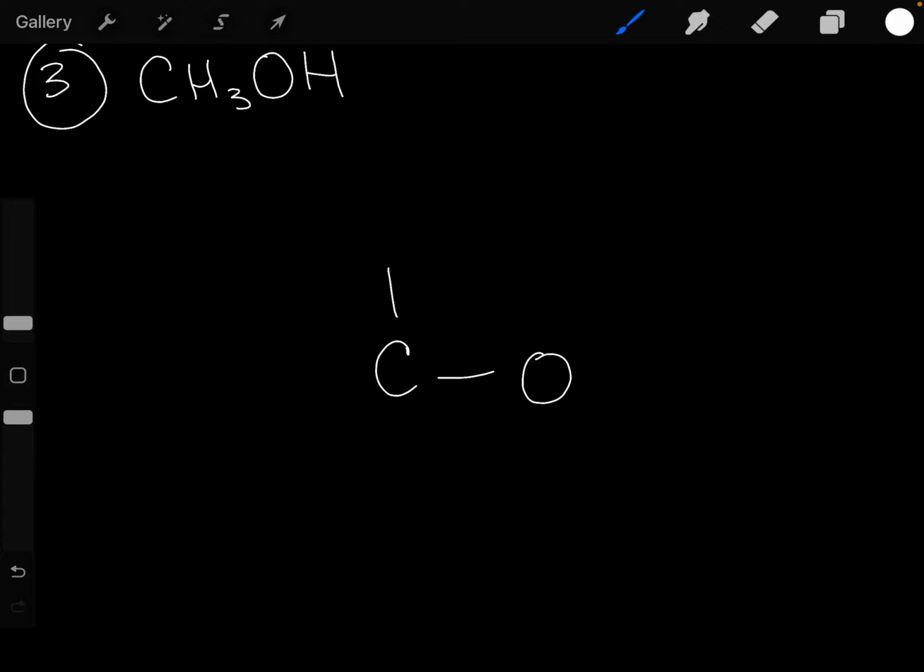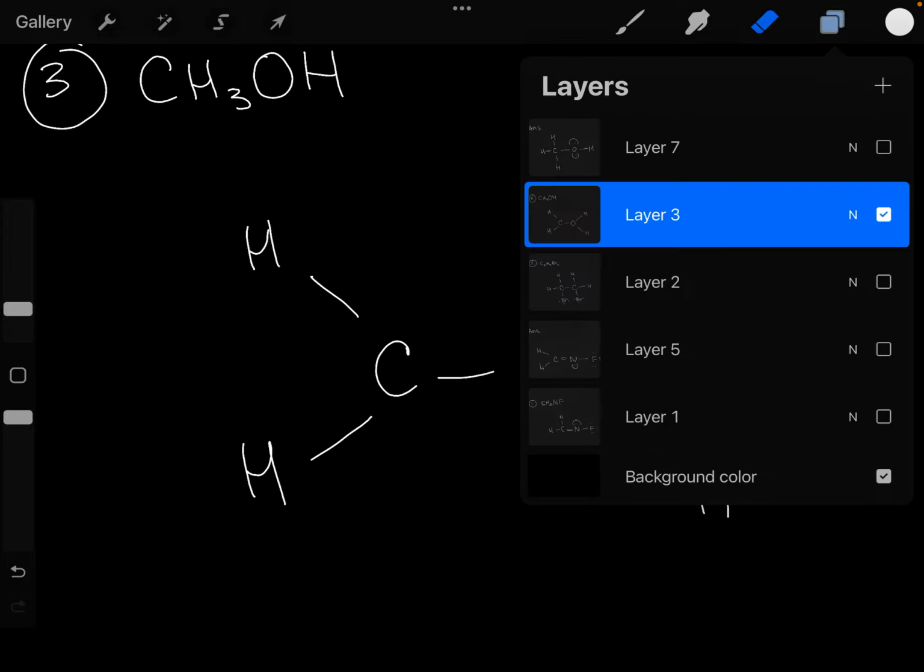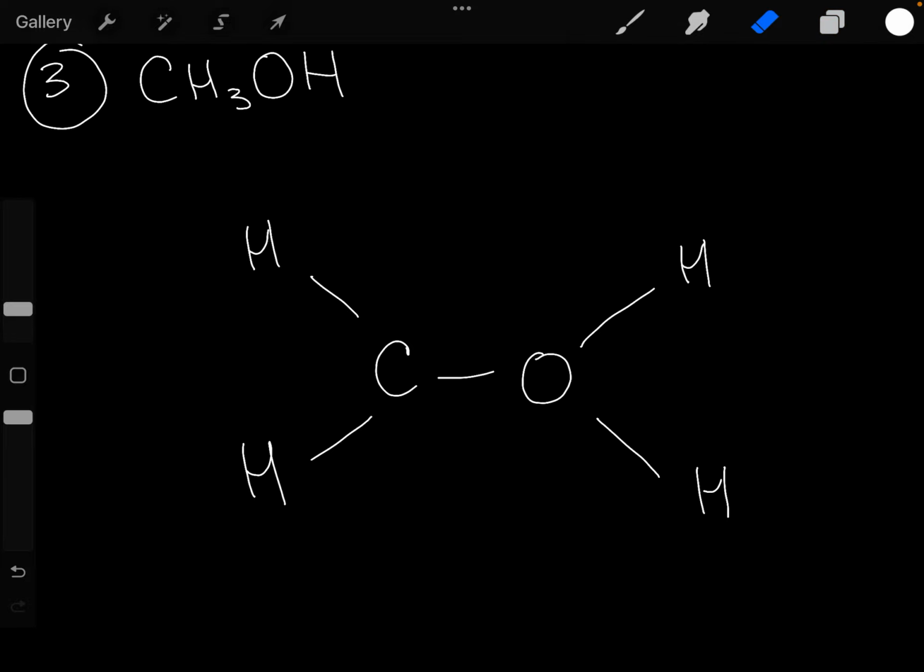So instead of putting it here and here, let's put it diagonal, because we can still do that. Let's put one over here, one over here, one over here, and one over here. One, two, three, four.